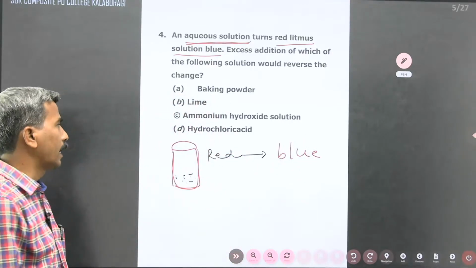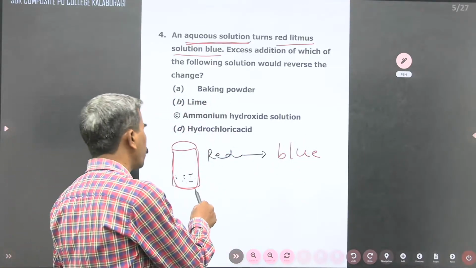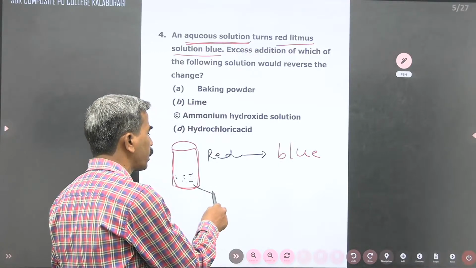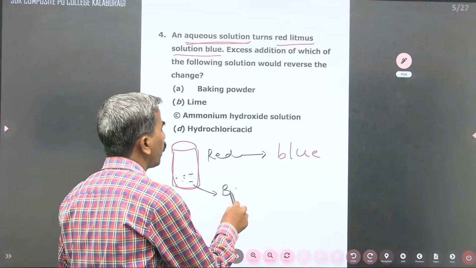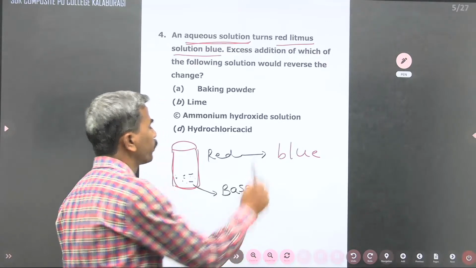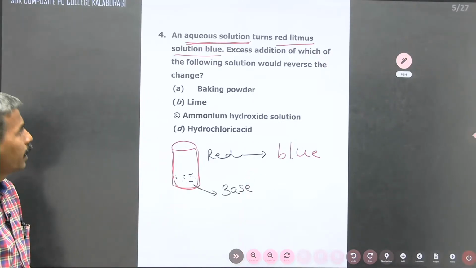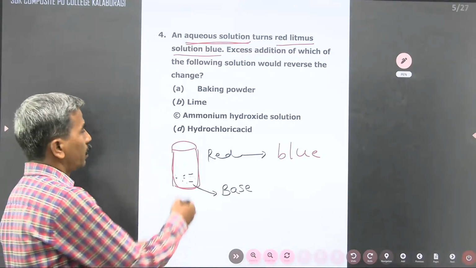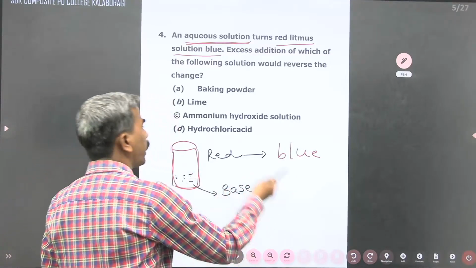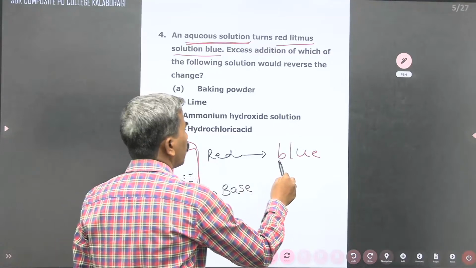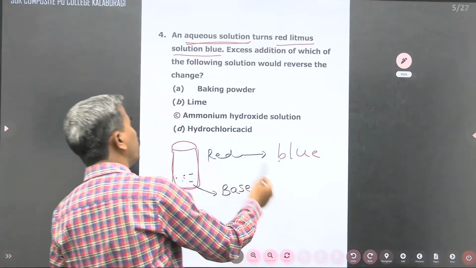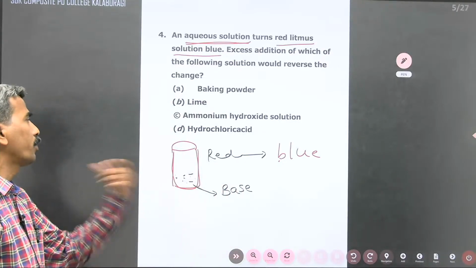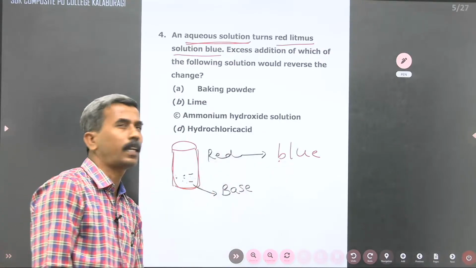The meaning of that is that the solution in this test tube is going to be basic, or a base. Now they are asking how to reverse this change, what you are supposed to do to turn the blue litmus paper back.